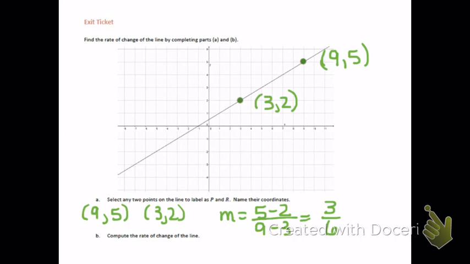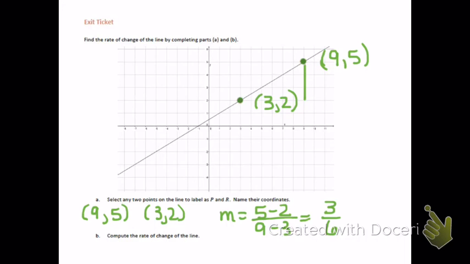Okay, so here's one thing you could have done. There's many ways you could have done this exercise, but I picked the points 3, 2, and 9, 5. And I calculated the slope. So notice I took the difference in the y coordinates, which is 5 minus 2. That gives me this distance of 3 right here.